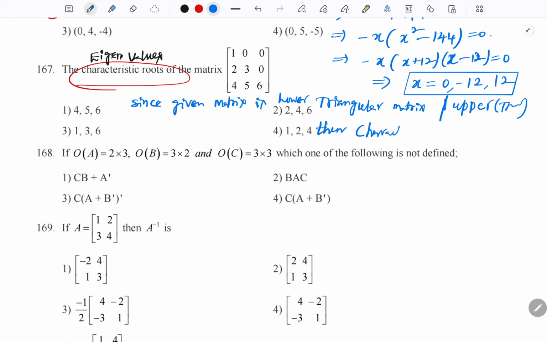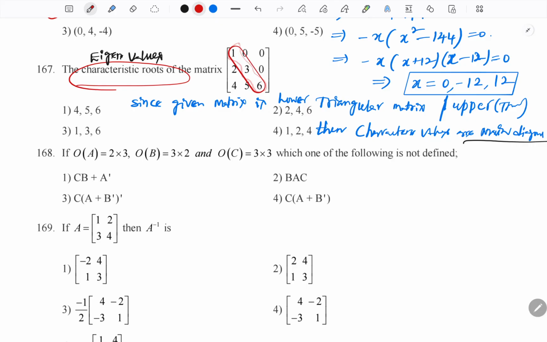What are the main diagonals in this question? 1, 3, 6, right?